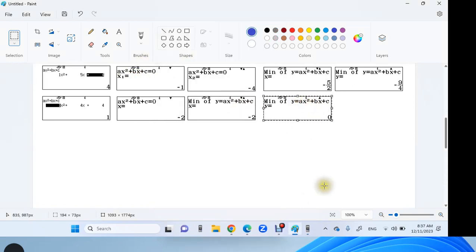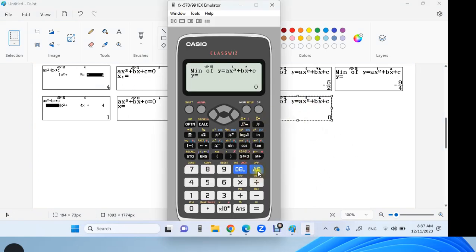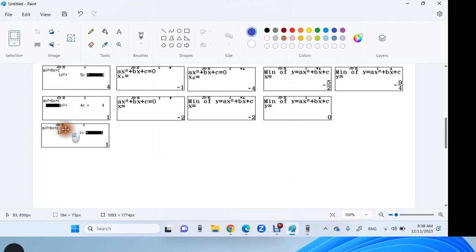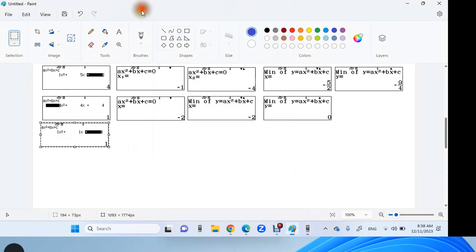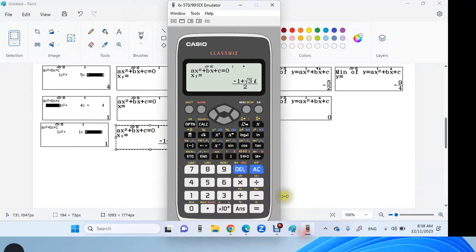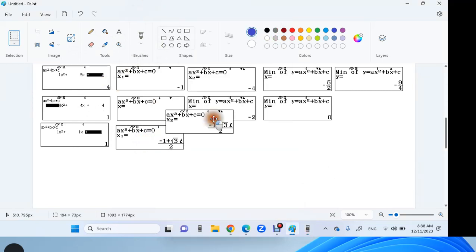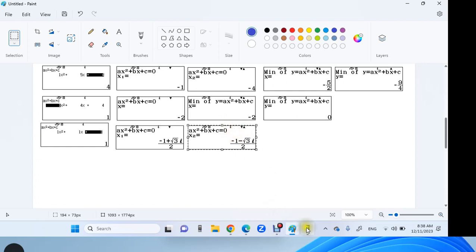Okay, we look at the third case. So we have the 1, 1, 1 here. For this case, we press equal again. Then it will show you i. It shows -1 plus square root 3i and -1 minus square root 3i.